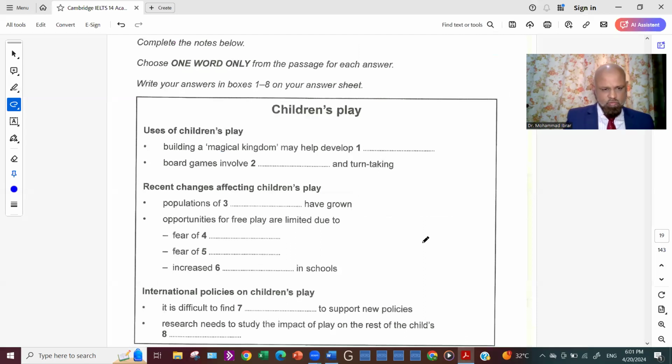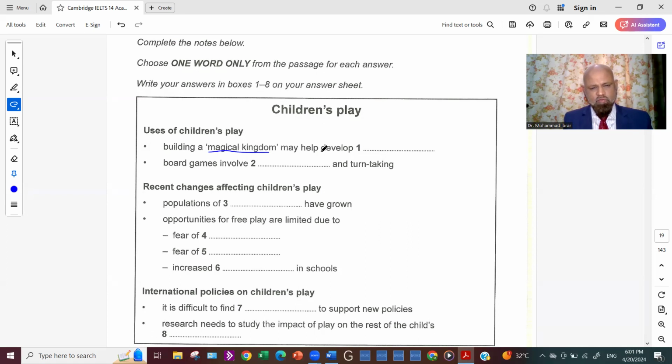And here's the task. So let's have a look at the heading first, children's play. So uses of children's play. Building a magical kingdom may help develop. So magical kingdom is a keyword for us, and may help develop.